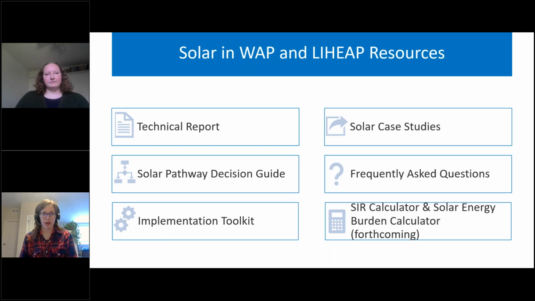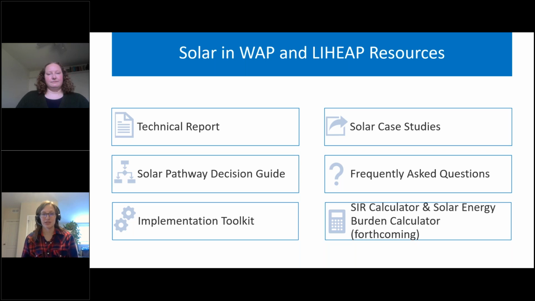We decided to house them on the WAP website rather than LIHEAP, just due to the weatherization overlap with LIHEAP. So we have a solar pathway decision guide, and this is intended to help walk folks through, of these pathways, what are the details, what are the considerations, the interactions with other programmatic efforts. I'll give a demonstration of the screen once I walk through this high level overview.